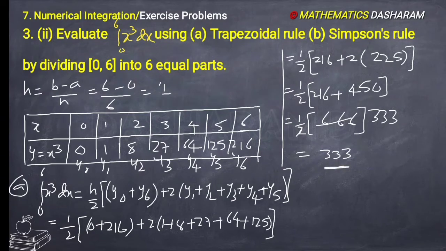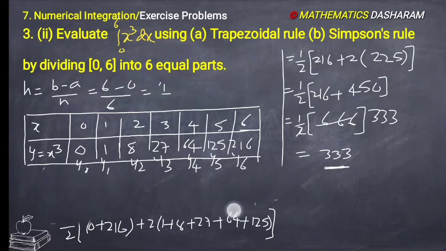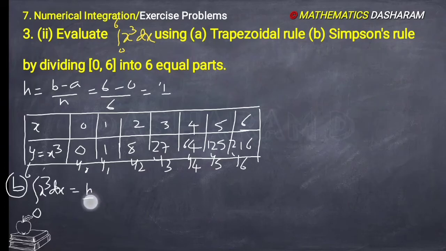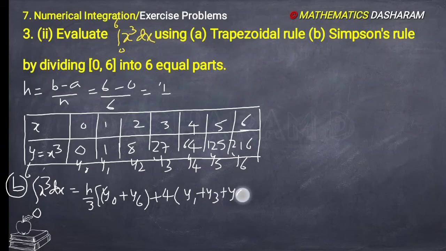Now let's find the same answer using Simpson's 1 by 3rd rule. The formula is h by 3 bracket of y0 plus y6, plus 4 bracket of the sum of odd ordinates, so y1 plus y3 plus y5, plus 2 bracket of even ordinates, so y2 plus y4. In this, substitute the values.